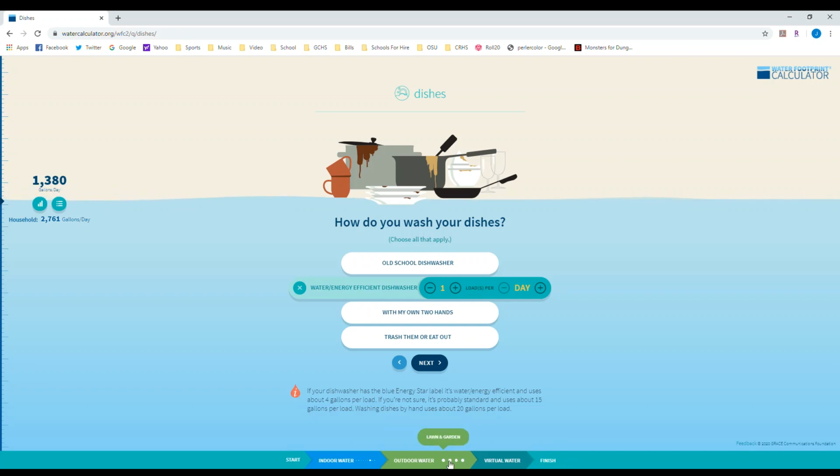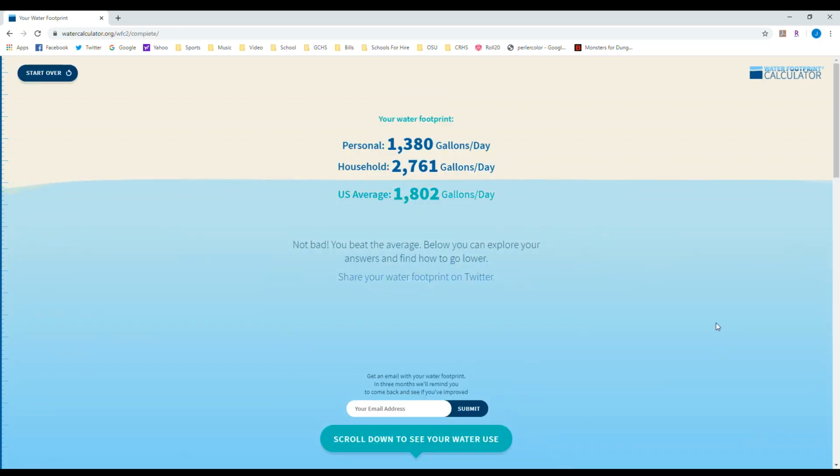And eventually, once you get through all of the questions, you wind up on this screen here. On this screen is where you'll be able to see all of your data pertaining to your water use. And the first thing that should pop out is your personal water use, okay? For me, my personal water use was 1,380 gallons per day. What that means is, on estimate, I use about 1,380 gallons of water per day.